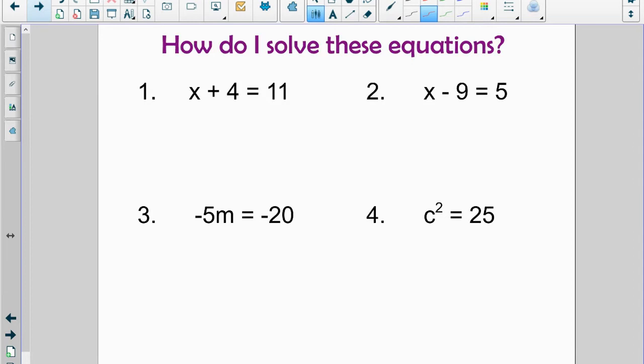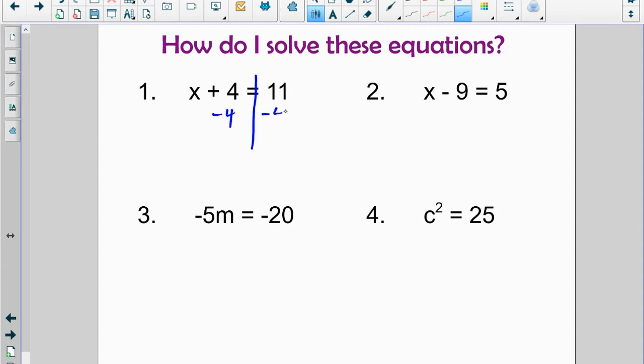All right, so to kind of understand what we're doing when we solve using square roots, I want you to think about these 4 equations and how you would solve them. Not just what is the answer, but how would you solve? How would you undo what's in the equation? So starting with our first example, x plus 4 equals 11. If I wanted to solve this equation, what would I do to get rid of the plus 4?